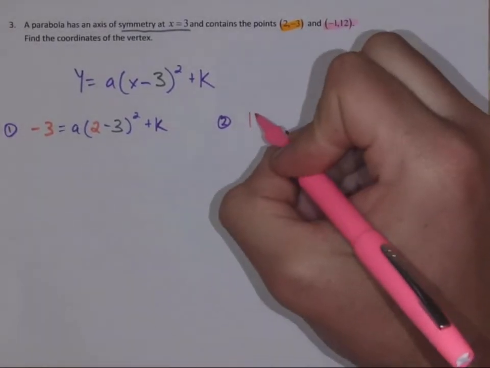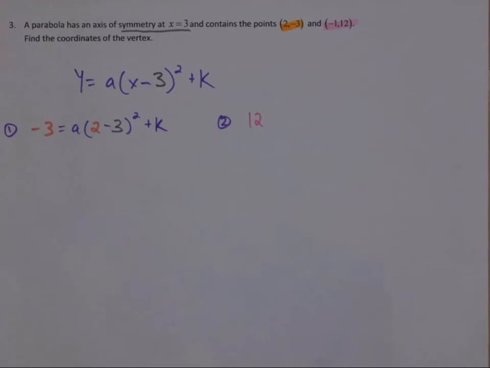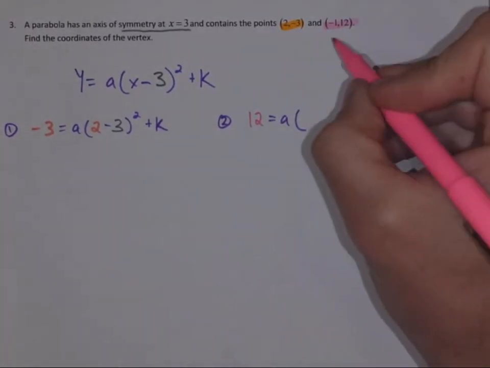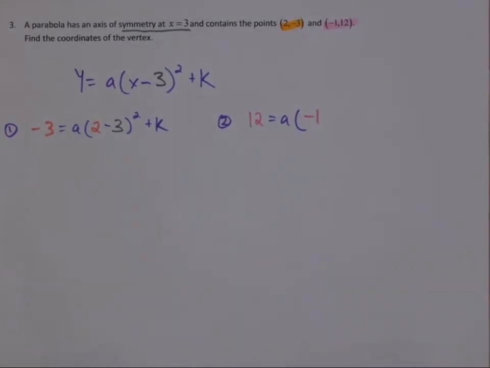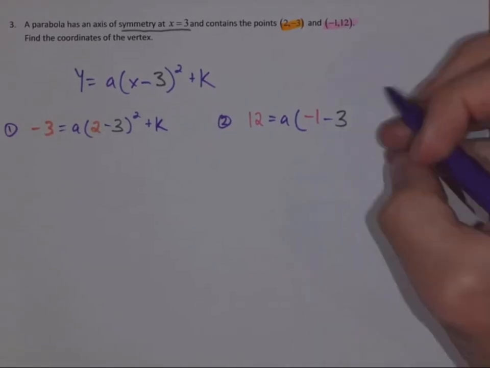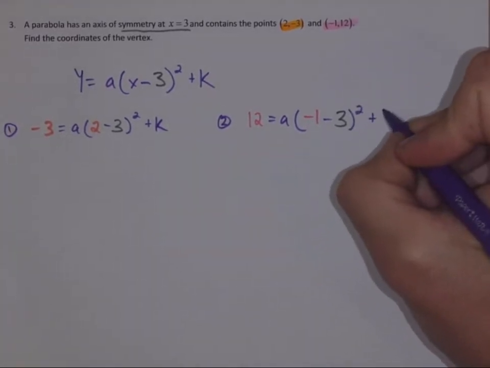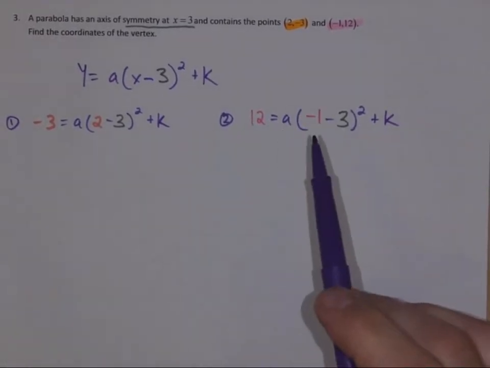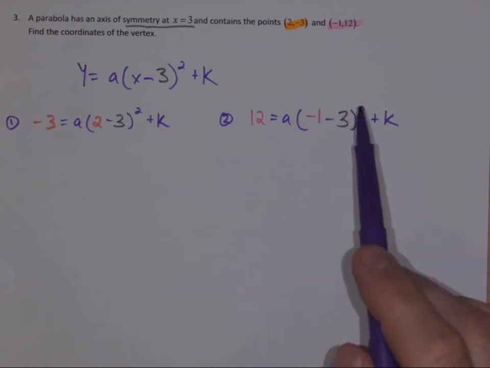Where we see y, we put in 1. And everywhere we see x, we put in -1. Again, both those equations have a lot going on, so let's simplify them.